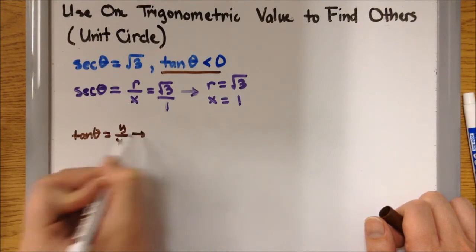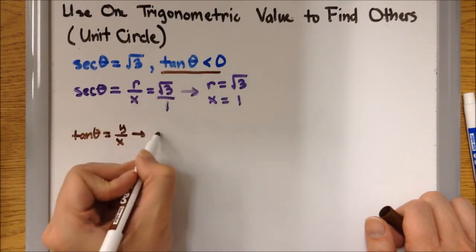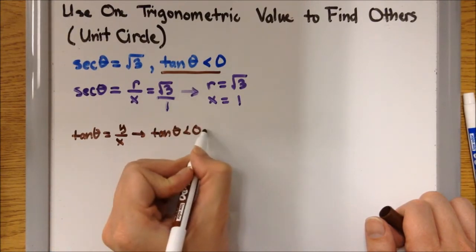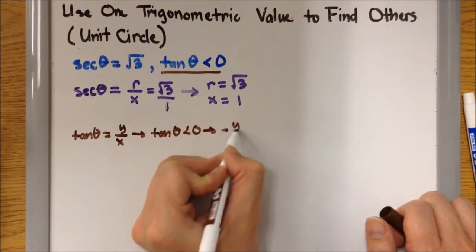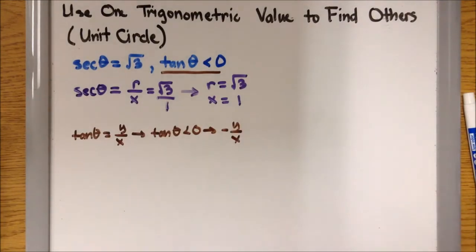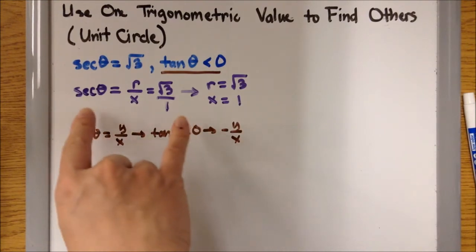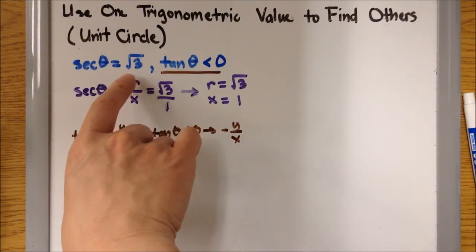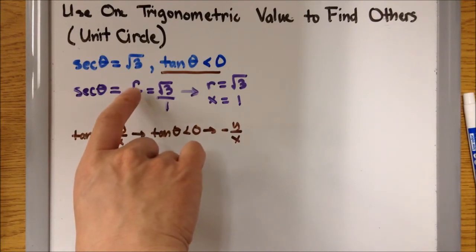Since tangent theta is less than 0, meaning it's negative, that means it's going to be a negative y over x. So if we go back to secant and it came out as a positive value, that means that r is positive.